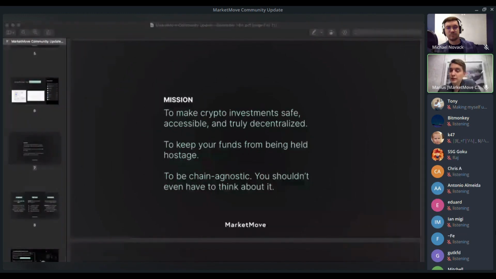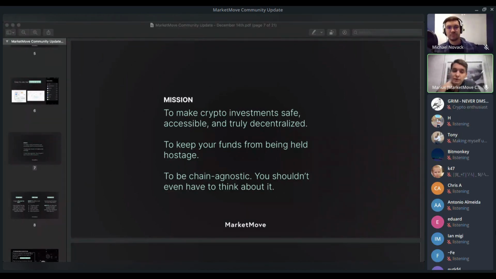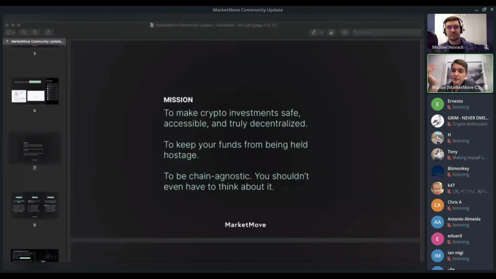That being said, safety is not just being a honeypot or not. It's the entire process, from the very moment of plugging in your card to accessing the funds, storing the funds, transferring them, trading them. Safety is the most important problem for us. And if you keep your funds on the CEX, it's basically held hostage.